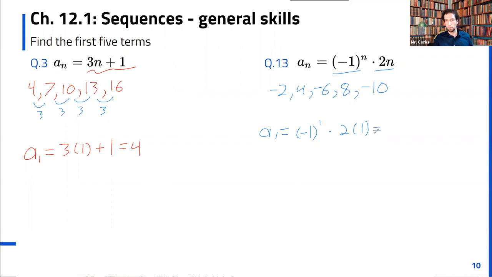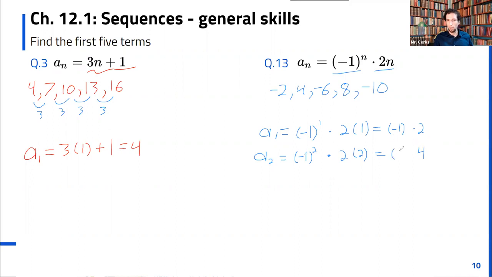So -1 to the exponent 1 is just -1, and times 2 turns into -2. A2 here is -1 squared times 2 times 2. So that's a 4, and a negative number squared will turn into a positive number.